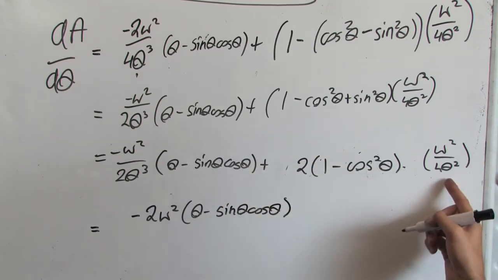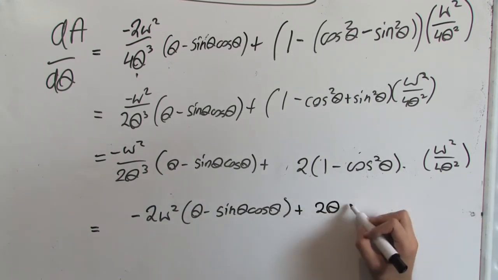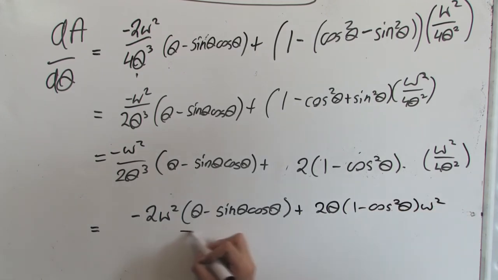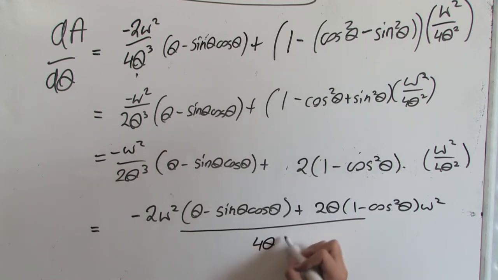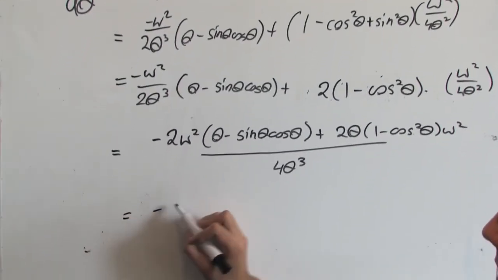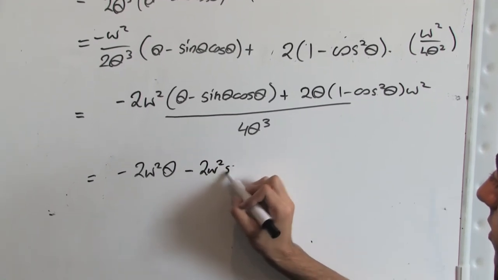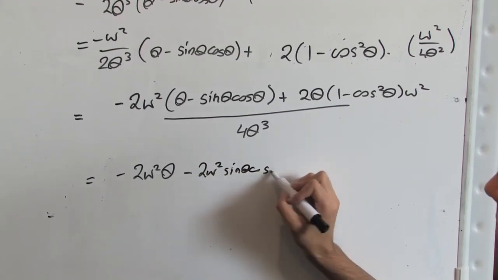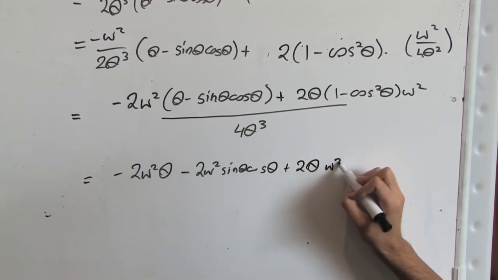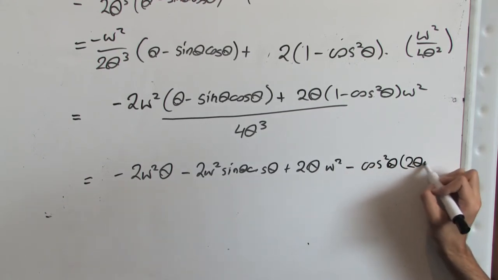Now plus, we just need to multiply the second term by theta to get theta cubed at the bottom, so that's 2 theta times 1 minus cos squared theta times w squared, all over 4 theta cubed. Now let's expand this: minus 2 w squared theta, minus 2 w squared sine theta cos theta, plus 2 theta w squared, minus cos squared theta 2 theta w squared.